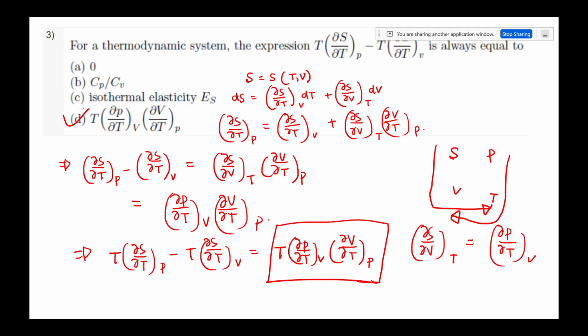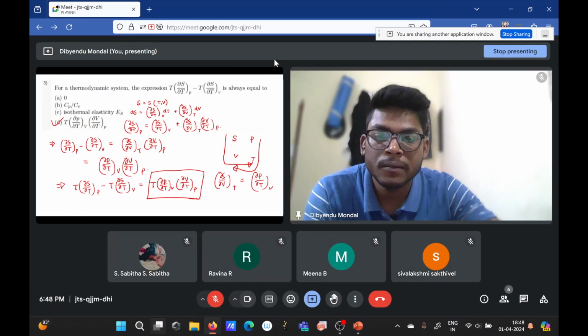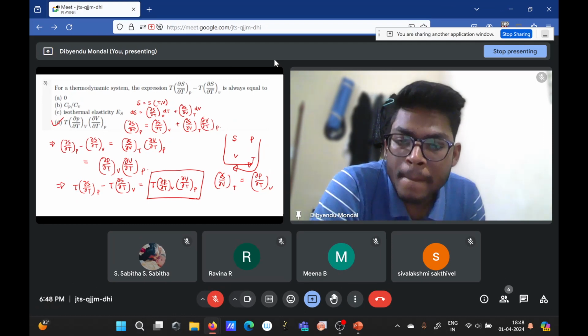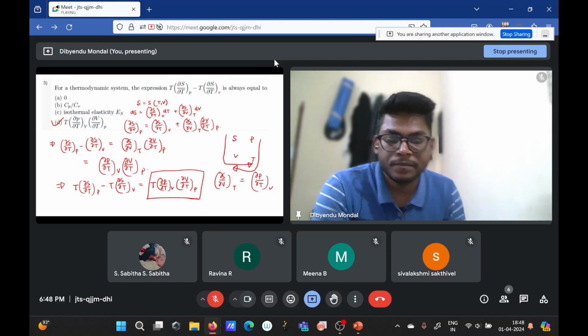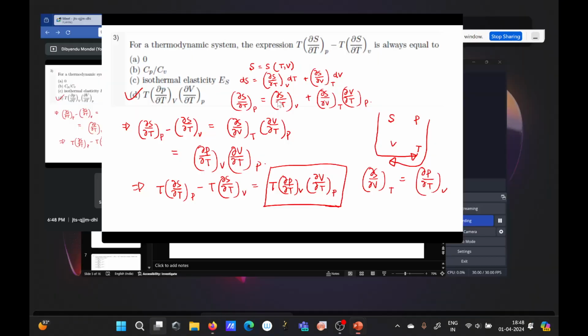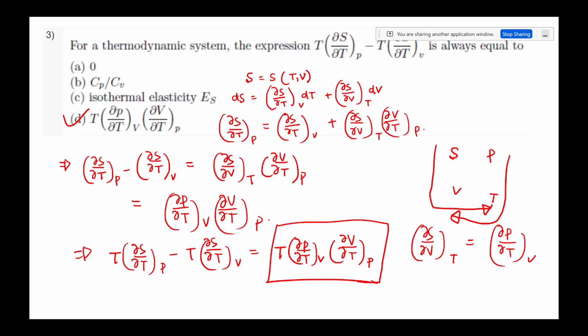What I have just done, we have solved it in the same way. So any question? I have used the Maxwell relation here.